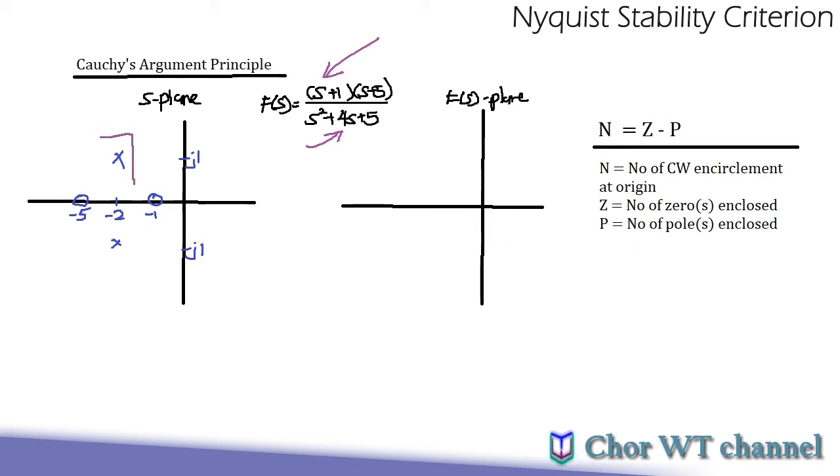If we enclose the poles like this, the combination of zeros and poles, Z minus P, will be -2. Hence, in this case, the argument says it is going to enclose the origin in the opposite direction twice. Perhaps something like this: one round, then two rounds.